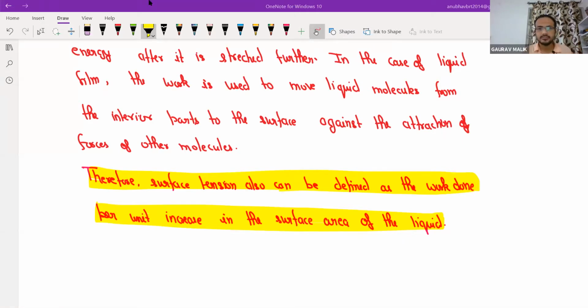Now tell me, what is the effect of temperature on surface tension? Please tell me.